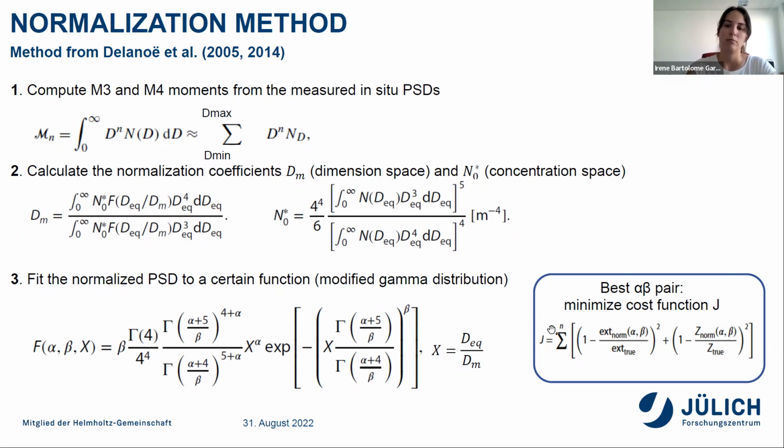So one checks random alpha and beta pairs, and the one that gives the minimum of the cost function is the chosen pair to define the modified gamma distribution that would fit all the normalized PSDs.